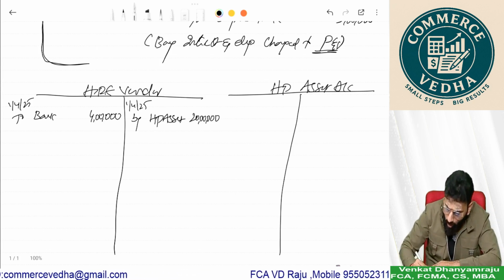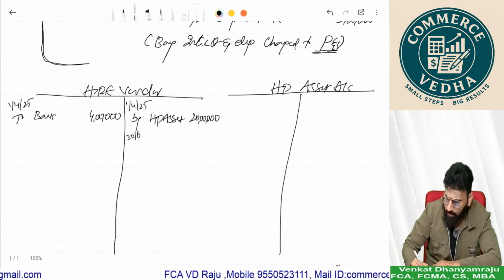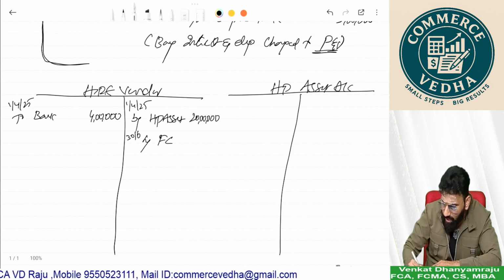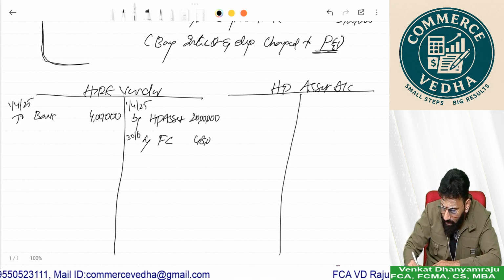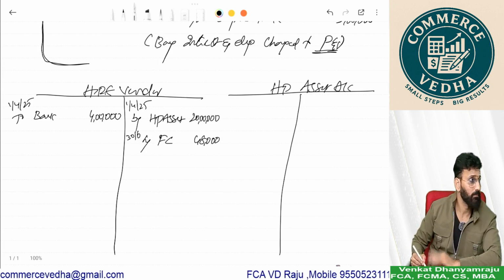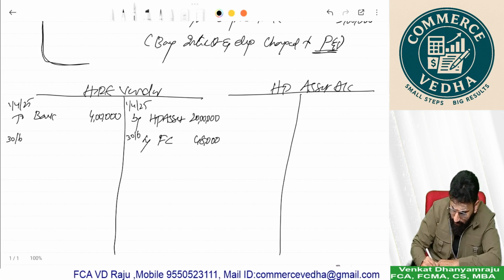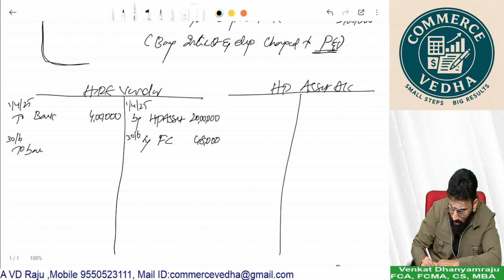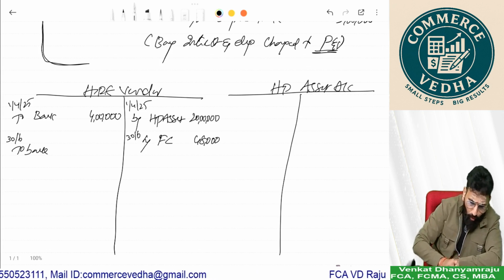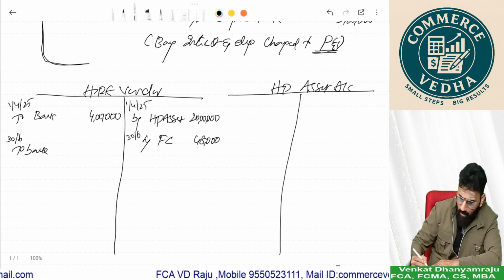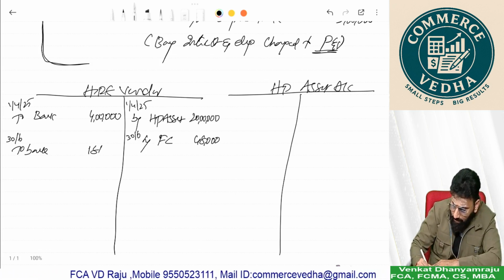And then on 30/6 by finance charge, you added 48,000. And on the same 30/6 to bank you paid 48,000 plus 133,333 is 181,333.